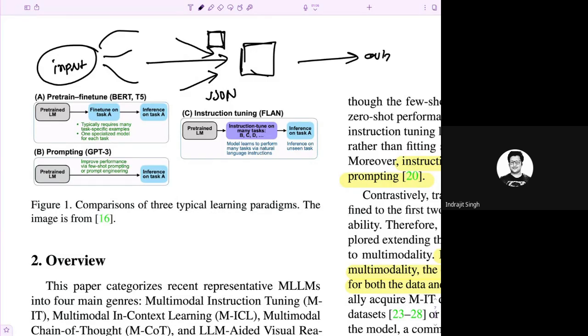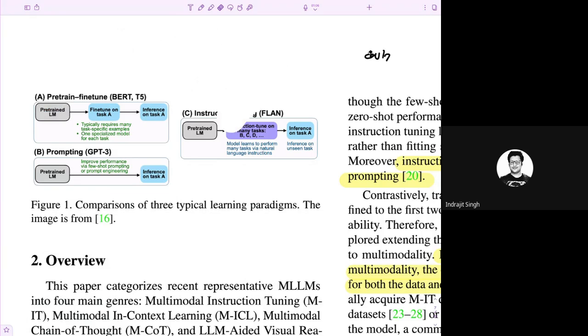But when you are doing few shot, you are giving an input, and along with that you are telling it, hey, I want not only the sentiment, I also want you to describe the sentiment. So you're giving multiple inputs to the language model. For the language model, it is going in the same form.